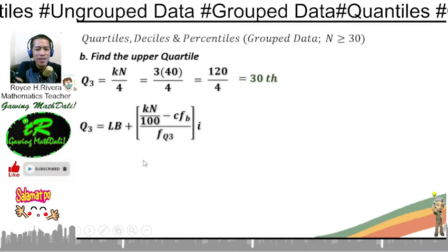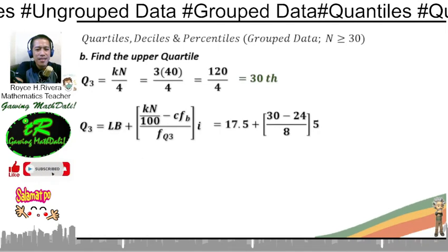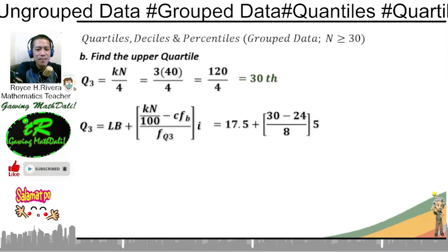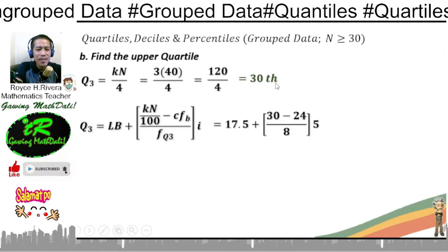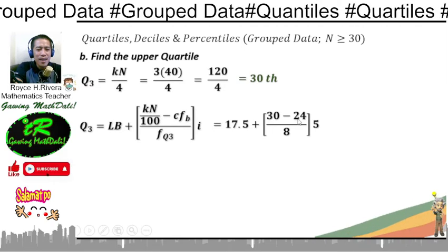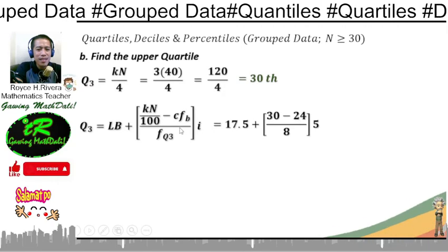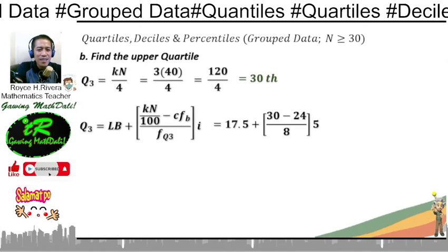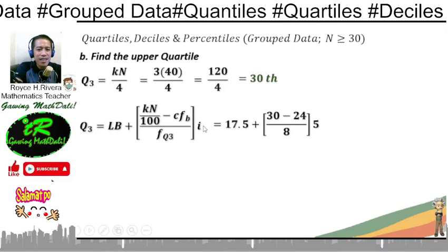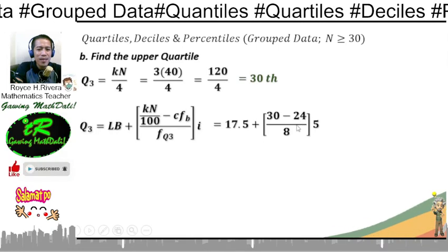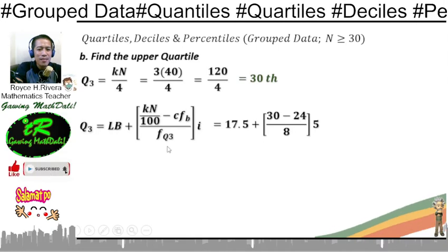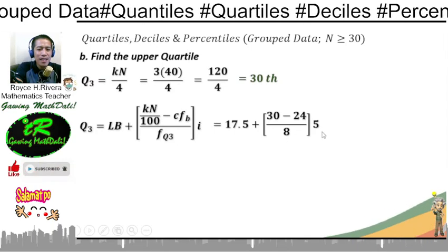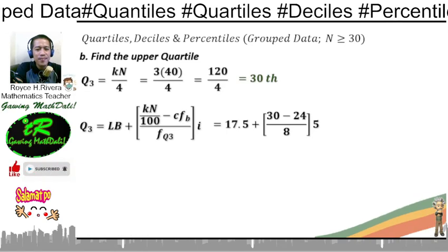And by substitution, we have lower boundary 17.5 plus the computed position 30 minus the cumulative frequency before the class in which the 30th data belongs, that is 24, all over the frequency of the class, which is 8, times the interval value, 5.